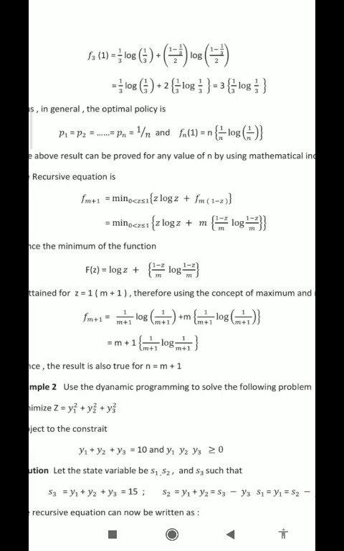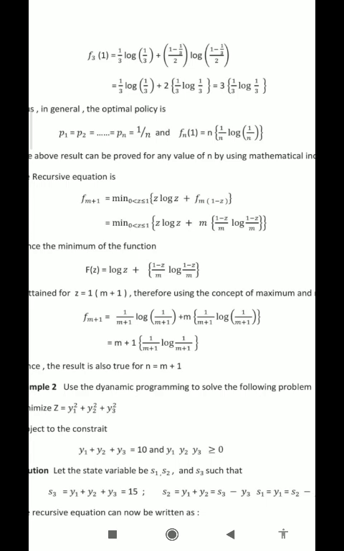So let us take n equal to m plus 1. So f(m+1)(1) is the minimum of z log z plus fm(1 minus z). We know that fm(1 minus z) is m times (1 minus z)/m log (1 minus z)/m.